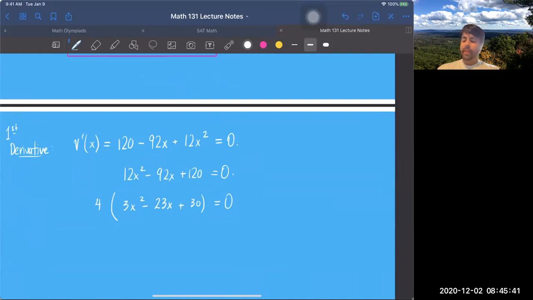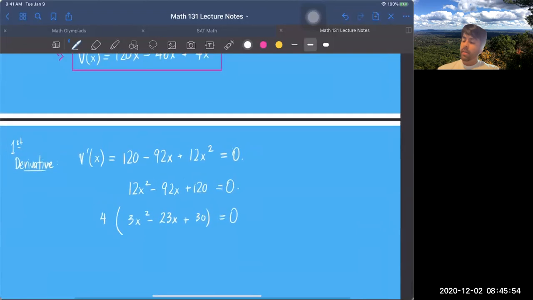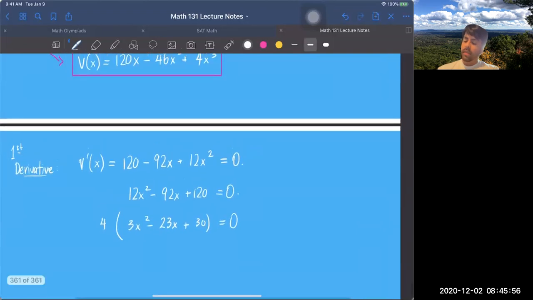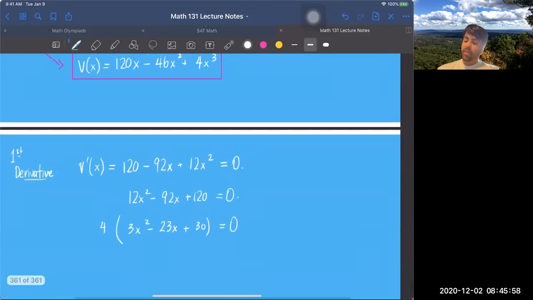Okay. And now can I factor this even further? Is this factorable?